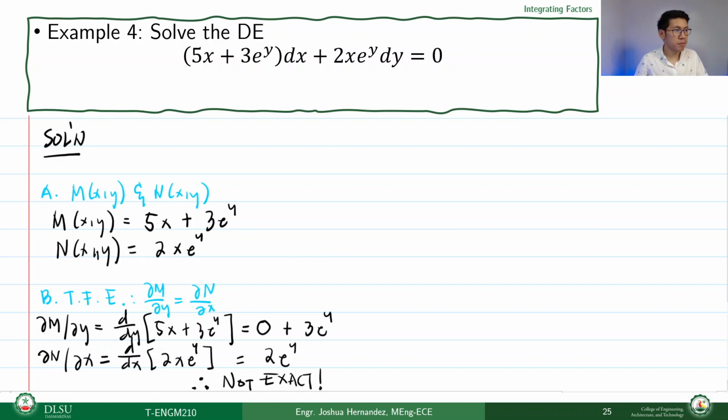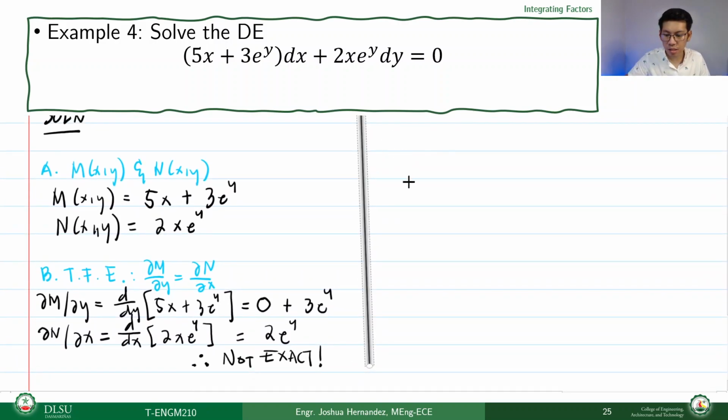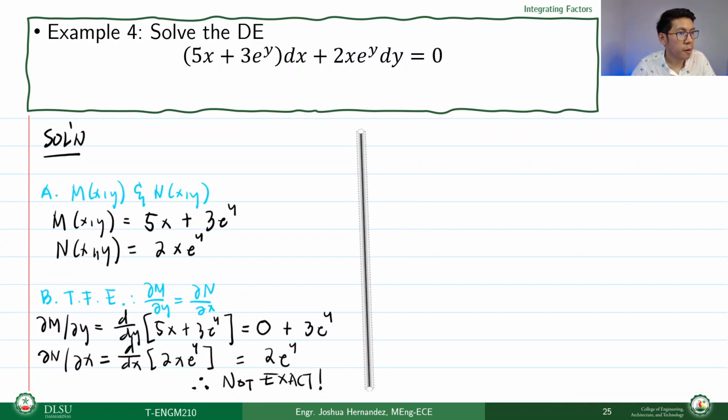And with that, what we must do is to find the integrating factor. And how do we do that?